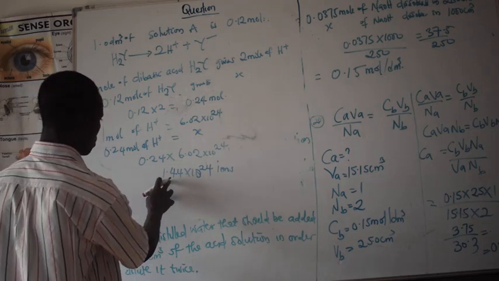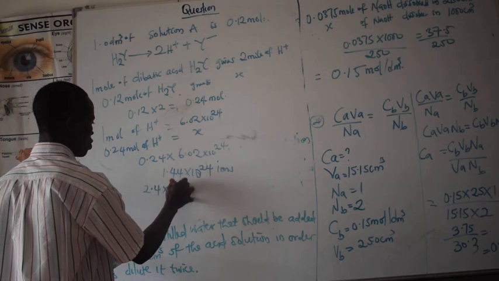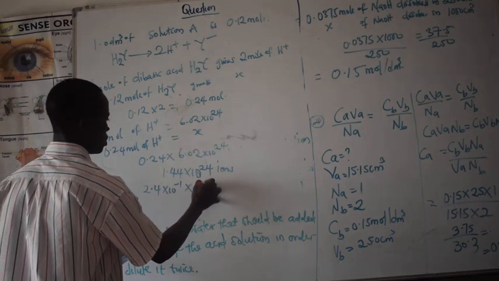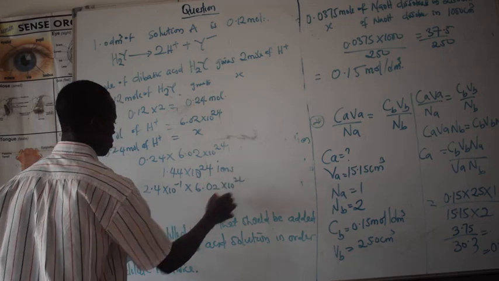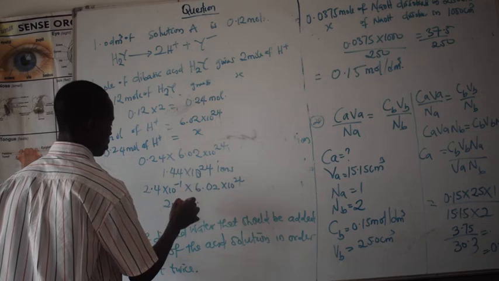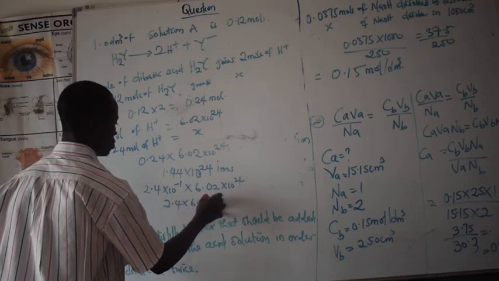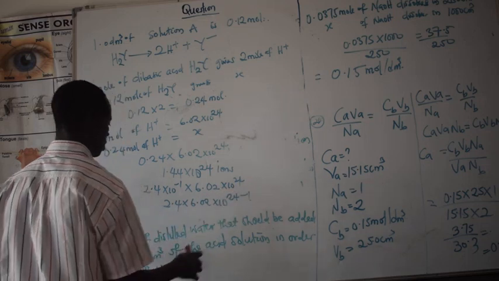Okay, let me just check this question again. 2.4 times 10 to the power minus 1 times 6.02 times 10 to the power 24. 2.4 times 6.02 times 10 to the power 24 minus 1.